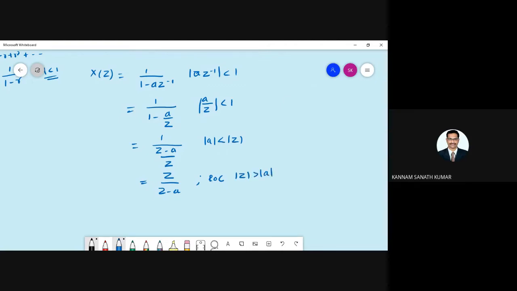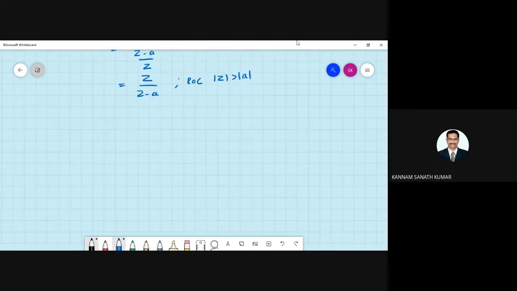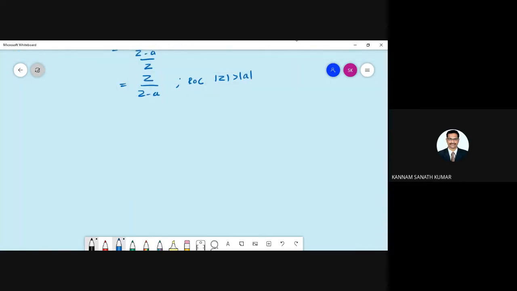So the Z transform of a power n u of n is 1 by 1 minus a z inverse, which equals z by z minus a. What is the ROC? Mod z is greater than mod a.